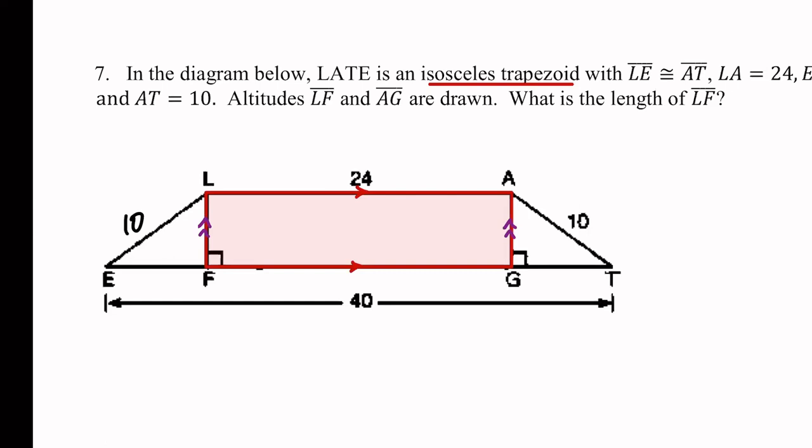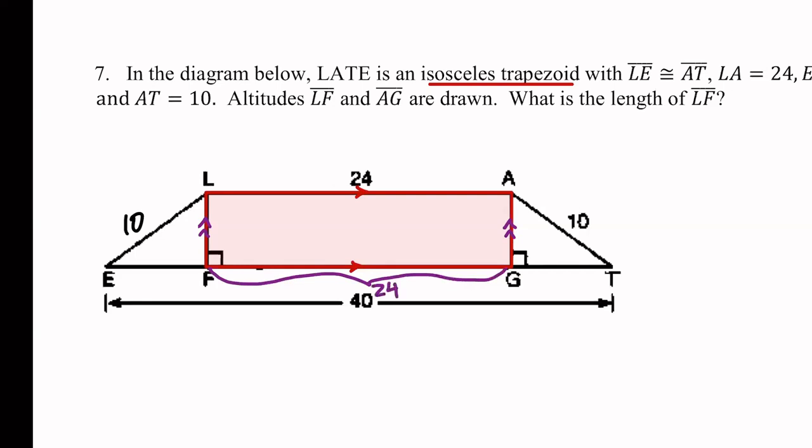Now, that's actually good enough because in a parallelogram, opposite sides are congruent. Yeah, opposite sides are parallel, but opposite sides are congruent also, right? So that's enough for me to say that this line segment here is going to be 24 units, right?